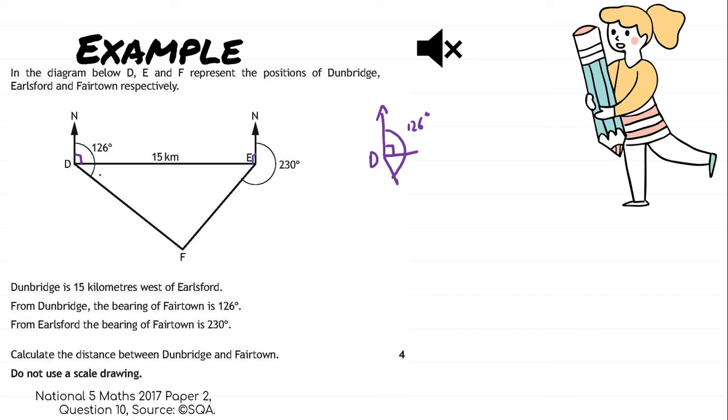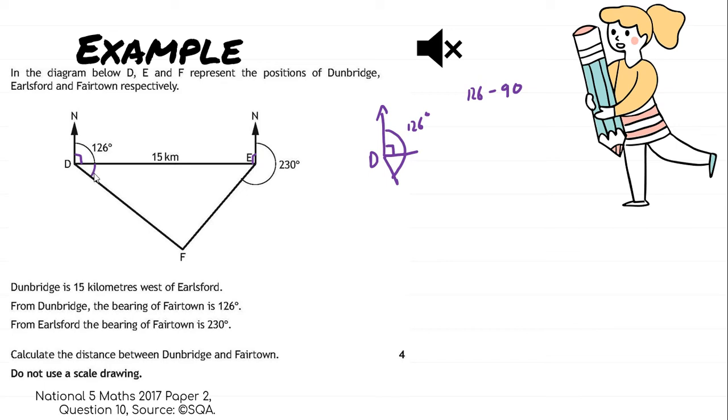So I can actually work out just this angle here, which I'm going to mark in purple. I can work that out by doing 126 degrees minus the 90 degrees that I've marked on there. And that's going to tell us just this purple bit that I've marked here, isn't it?